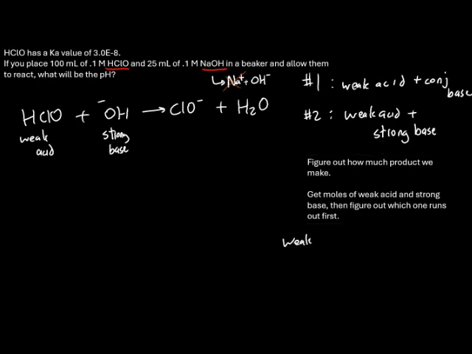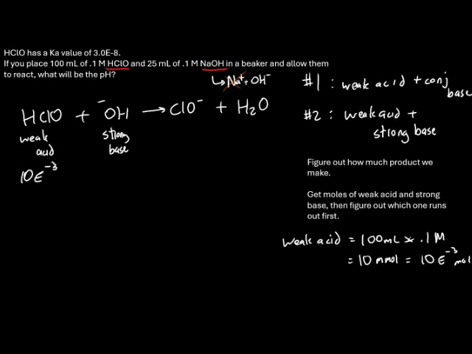Our weak acid has 100 milliliters and 0.1 molarity. If we multiply these together, we will get 10 millimoles, which is the same as saying 10 times 10 to the negative third moles. We'll write that underneath our weak acid.